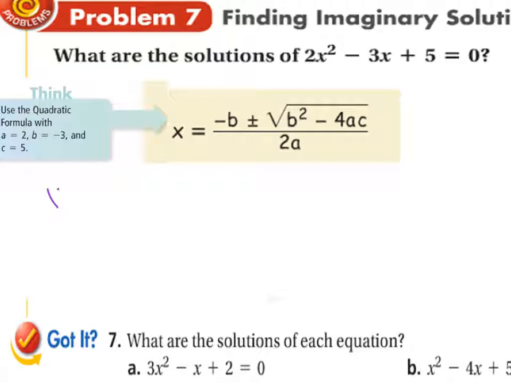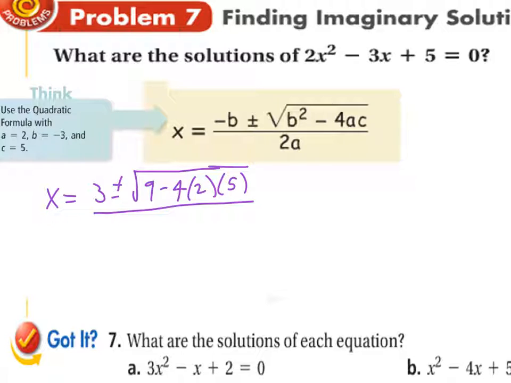So if we do that, we get x equals the opposite of b plus or minus the square root of b squared, which would be 9, minus 4ac, all over 2a, which would be 4. So we've got the things plugged in there.